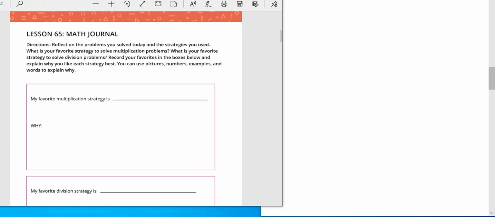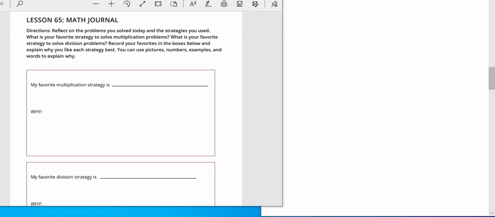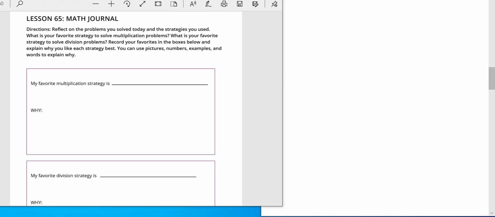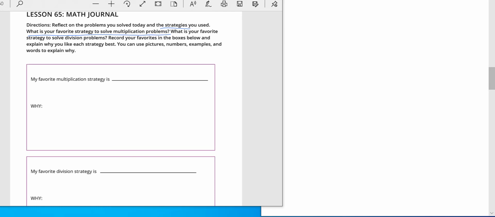Now go to the math journal. He asked me to reflect on the problems you solved today and the strategies you used. What is your favorite strategy to solve multiplication problems? The strategy you like, you say it is easy, write it. We can say multiplication properties are an easy strategy, skip count is an easy strategy.